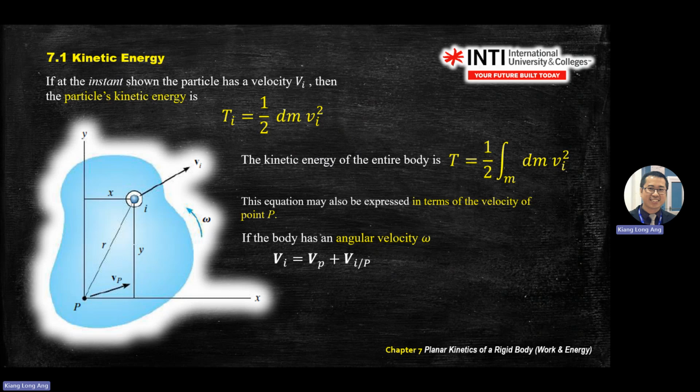You can rewrite the equation VP equal to VI minus VI stroke P. Wait, let's continue these slides first.